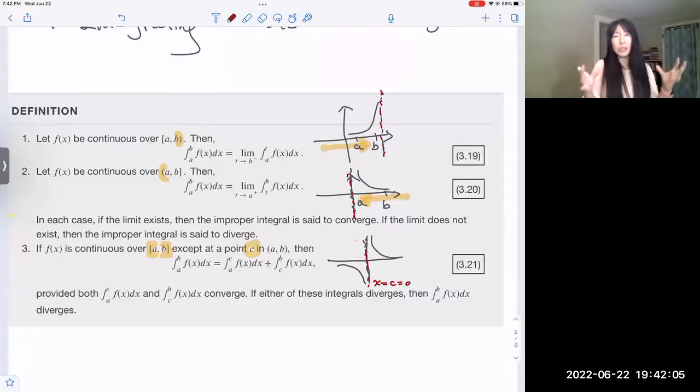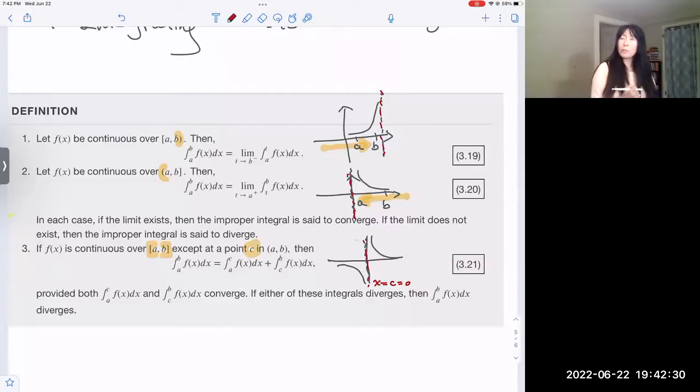So we split into two terms like earlier, type 3, where we have negative infinity to positive infinity. We split from negative infinity to 0, and another term, which is 0 to infinity, all right? So here is the same, okay? Now, same concept. If we get a number, the limit exists, and then we say it converges.